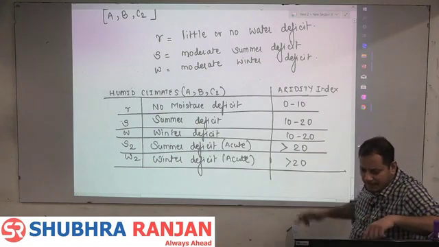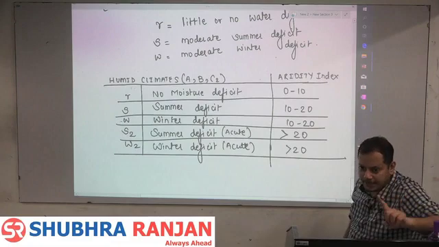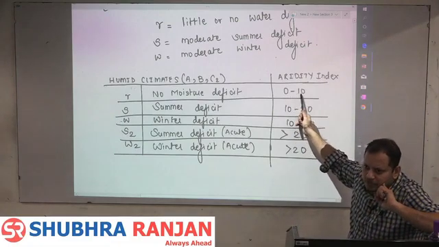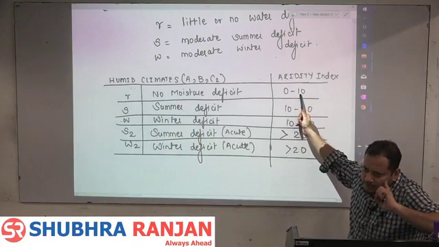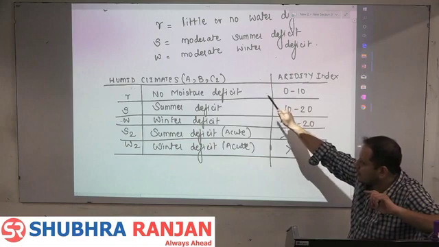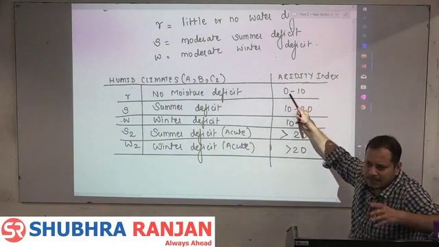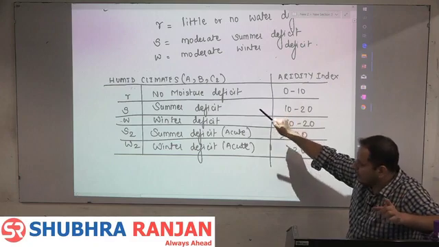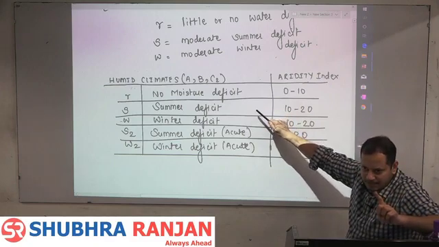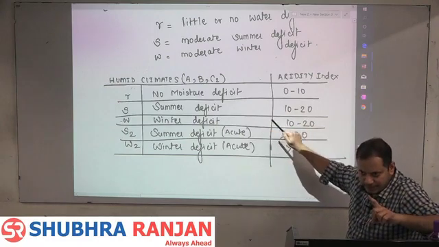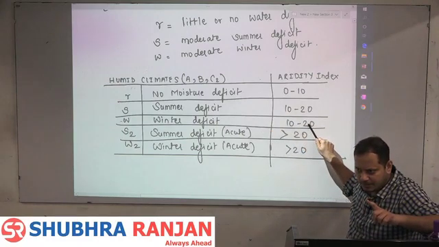See, humid climates are based on aridity index. How much aridity is there? If the aridity index is between 0 to 10, meaning aridity is only between 0 to 10%, it means there is no moisture deficit. Fine? 0% aridity means full moisture. S, summer deficit between 10 to 20%. W, winter deficit between 10 to 20%.